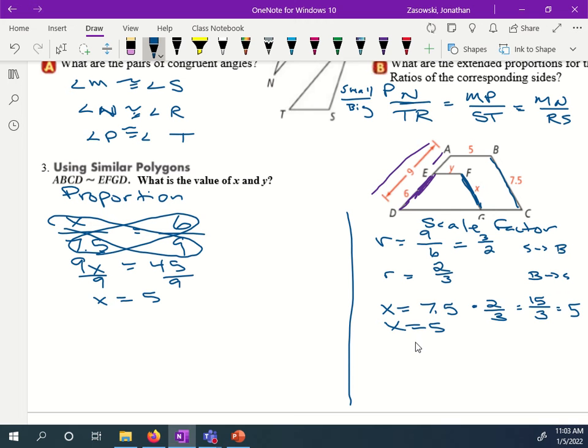Does that make sense? So you can either use your scale factors or you can use your proportions. I do not care which, you pick, okay? So if I were solving for y, Natalie, which method do you like to use? All right, what proportion would we create to solve for y?